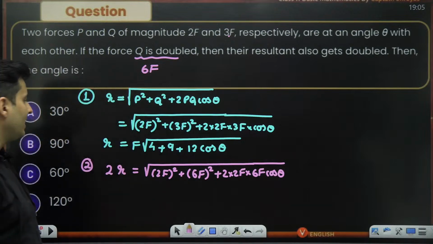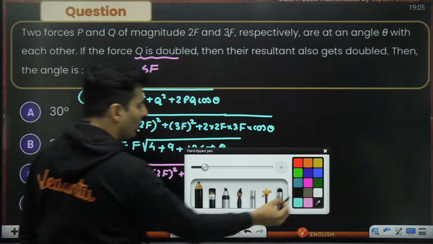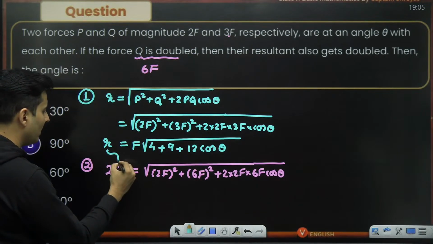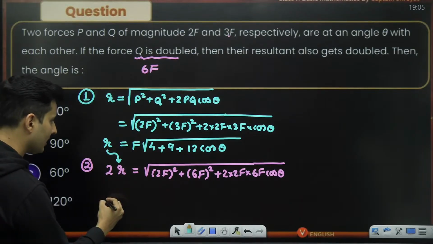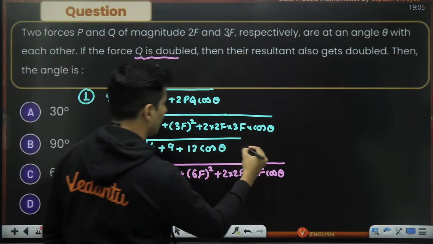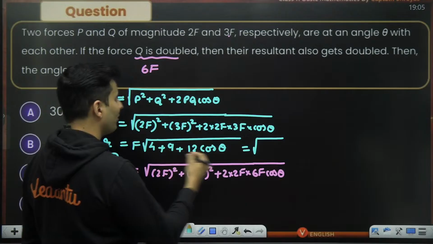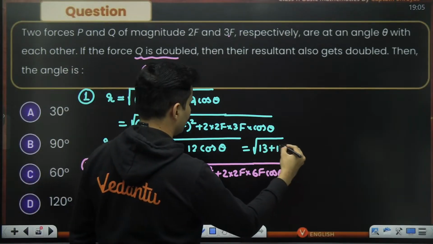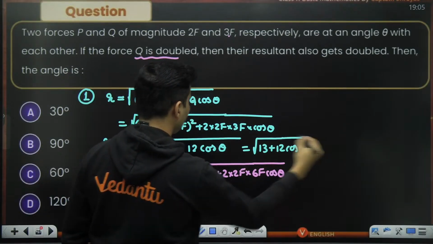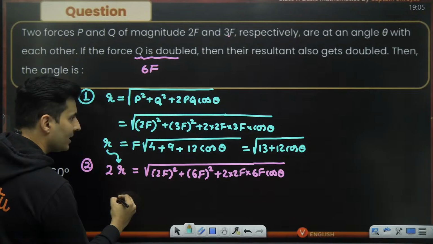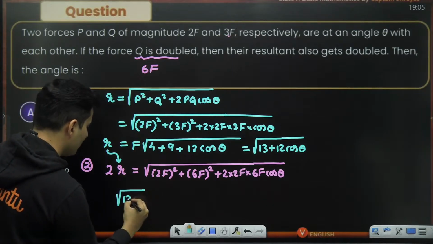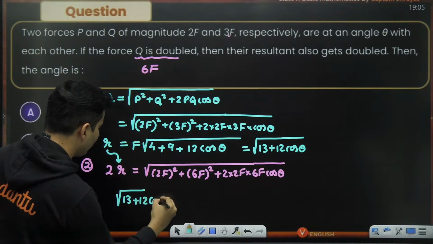Now they ask the angle. But wait a minute, I already know the value of R. So maybe I'll just put it over here, which is nothing but 4 plus 9, I just didn't do it. Sorry guys, 4 plus 9, 13, 13 plus 12 cos theta. So instead of R, I can just put root of 13 plus 12 cos theta.